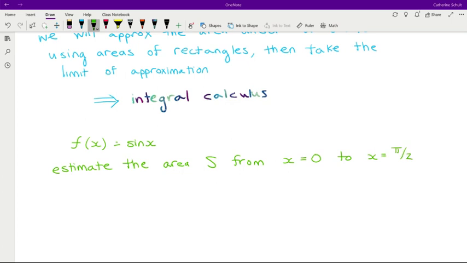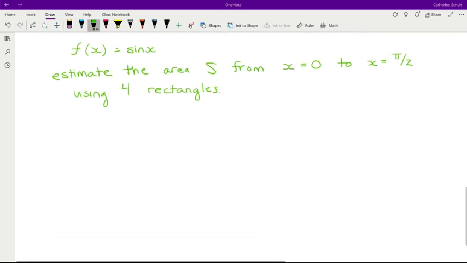And how many rectangles are we going to use? We're going to be using 4 rectangles, because that's how we approximate area. We look at rectangles.